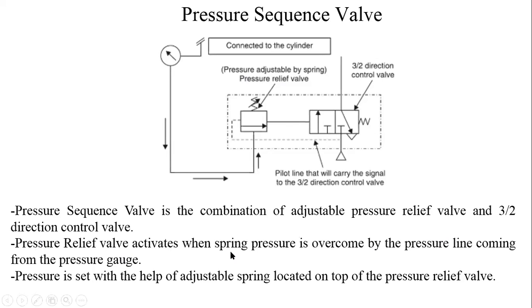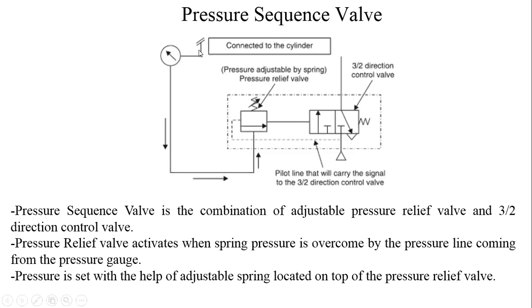The pressure relief valve activates when spring pressure is overcome by the pressure line coming from the pressure gauge. This is the cylinder. The rest of the circuitry is not shown here, but the pressure gauge will take input from the cylinder, so it will understand the real-time pressure in the cylinder.